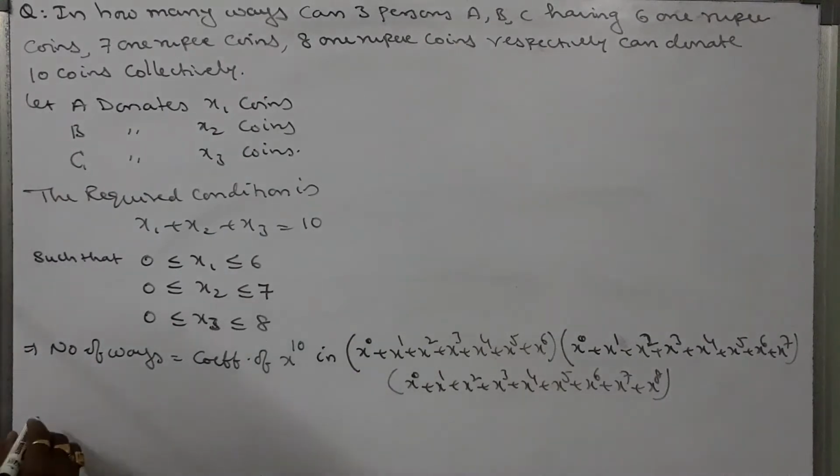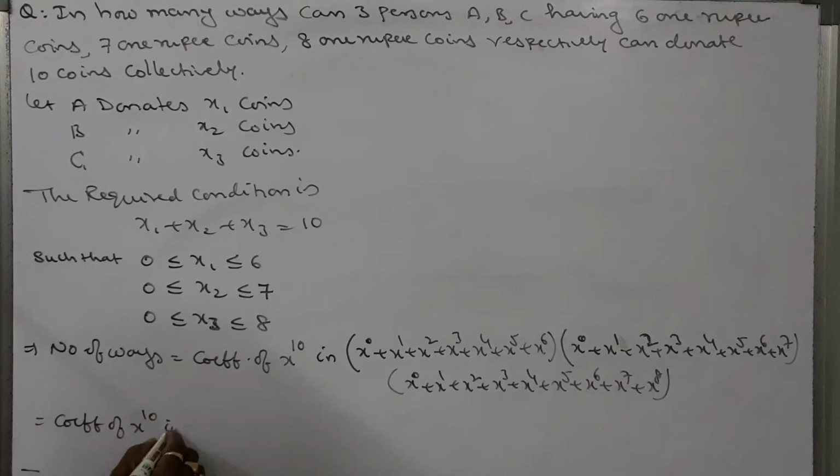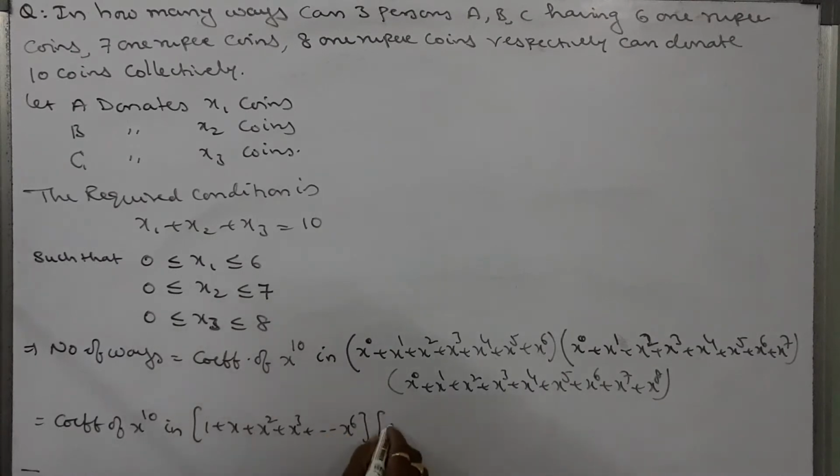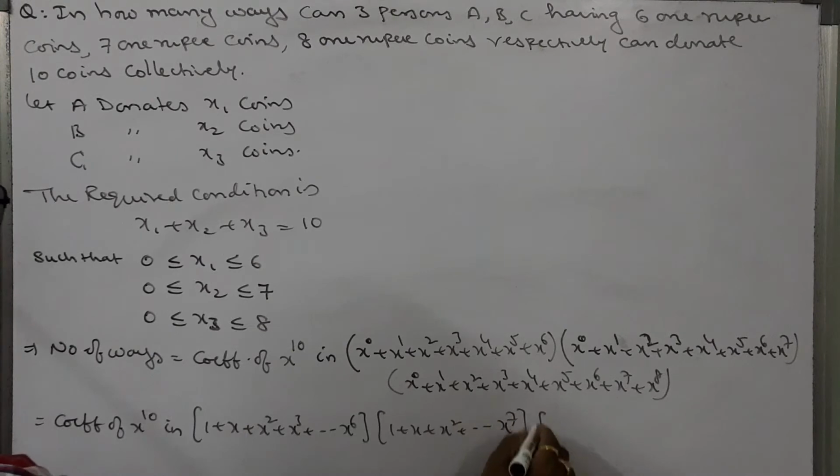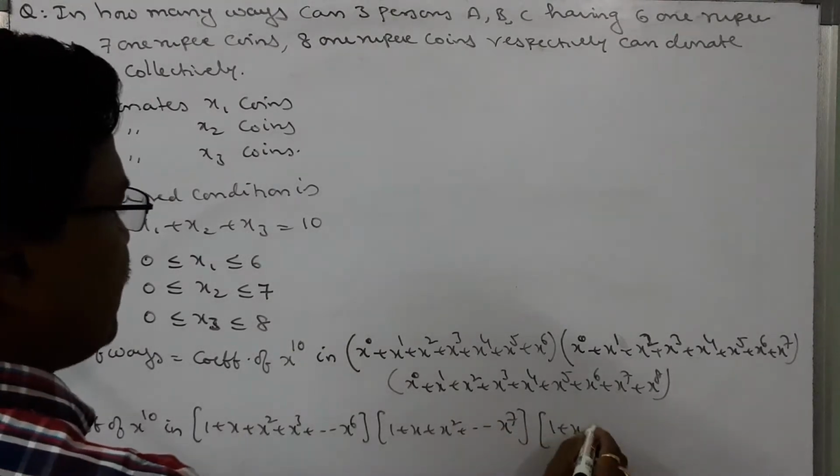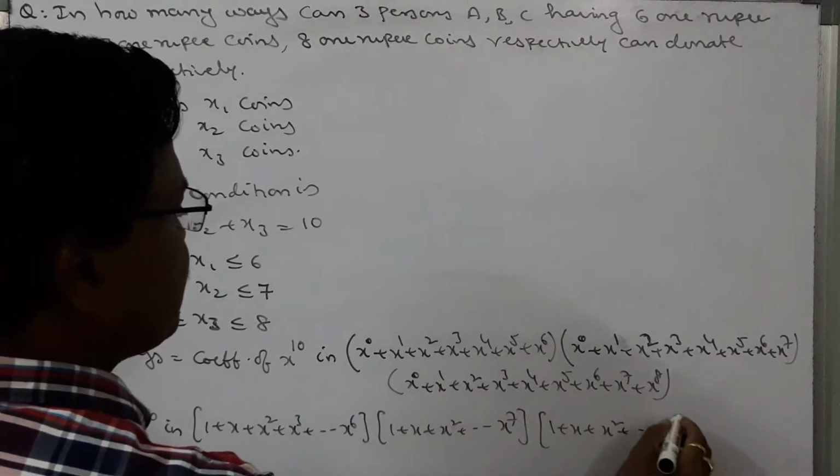Now simplify this. How to simplify this? The coefficient of x power 10 in 1 plus x plus x square plus so on up to x power 6, into 1 plus x plus x square plus so on up to x power 7, into 1 plus x plus x square plus so on up to x power 8.